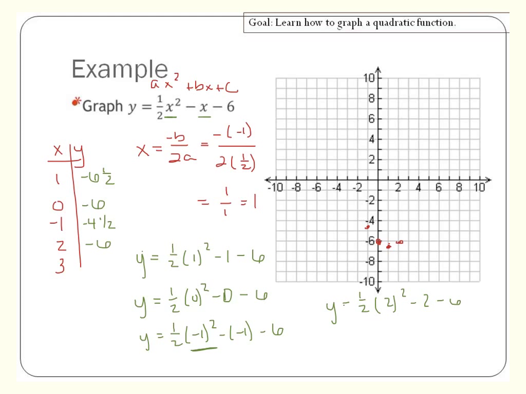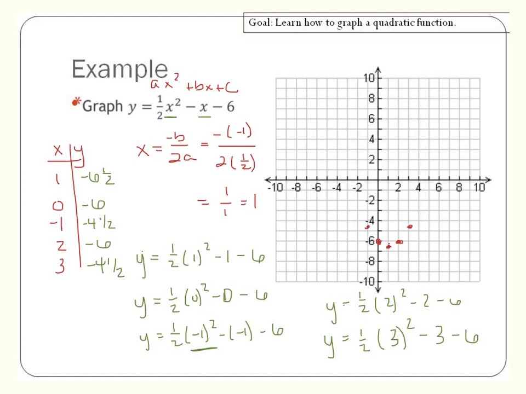My only warning I would tell you is if you mess up on the left-hand side, let's say you messed up on 0, I wouldn't automatically assume that 2 is the same thing, because if you messed up on one of them, then they're both going to be wrong. Alright, so half of 9 is 4.5. Minus 3 minus 6 is negative 4.5. So at 3, we're at negative 4.5.